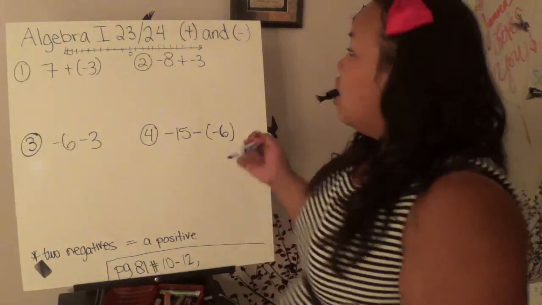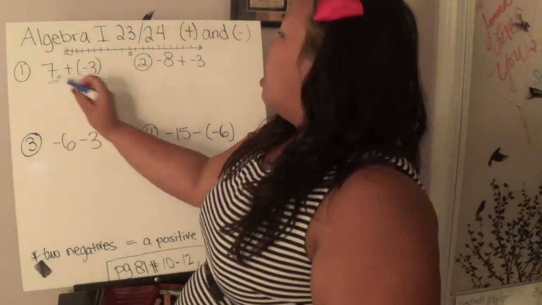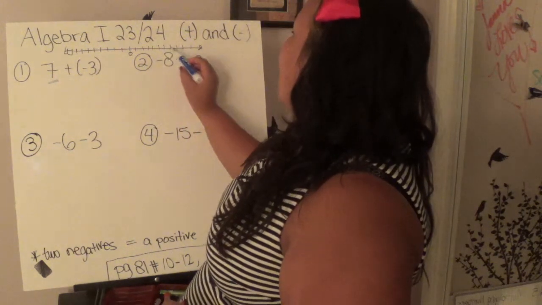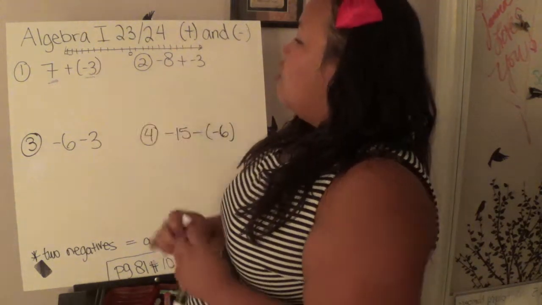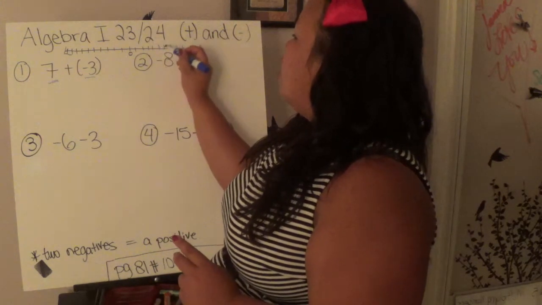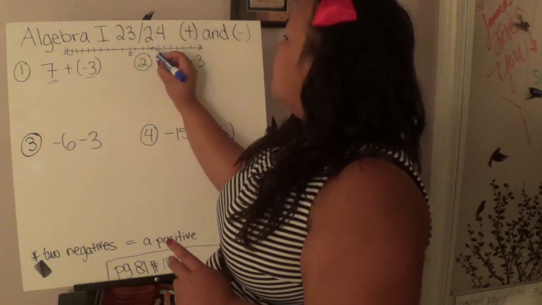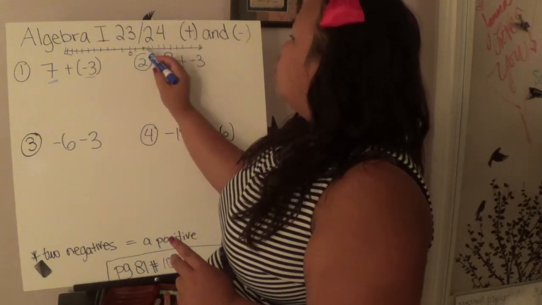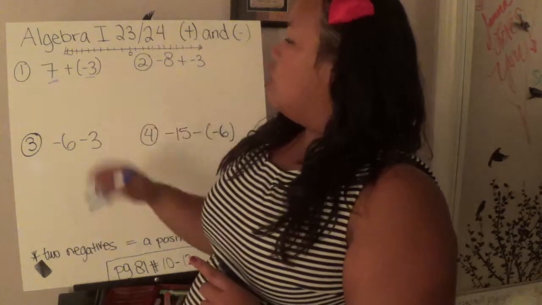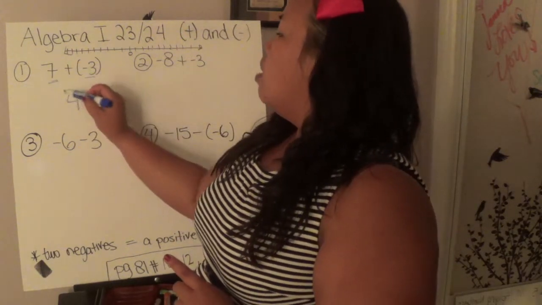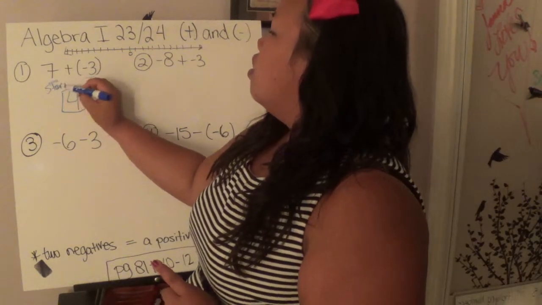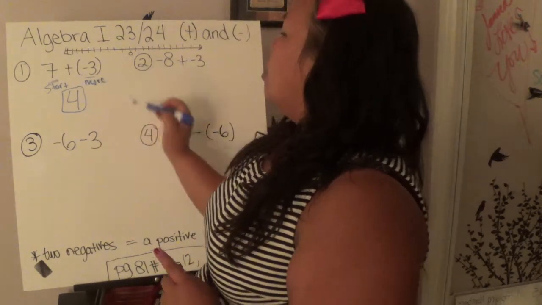If it's telling me my starting point is 7, so 1, 2, 3, 4, 5, 6, 7, and it wants me to go back 3, so if I go back 3 from 7, 1, 2, 3, it hits here. This will give me 4. So 7 back 3 will give me 4. This is my starting point, and I move back.